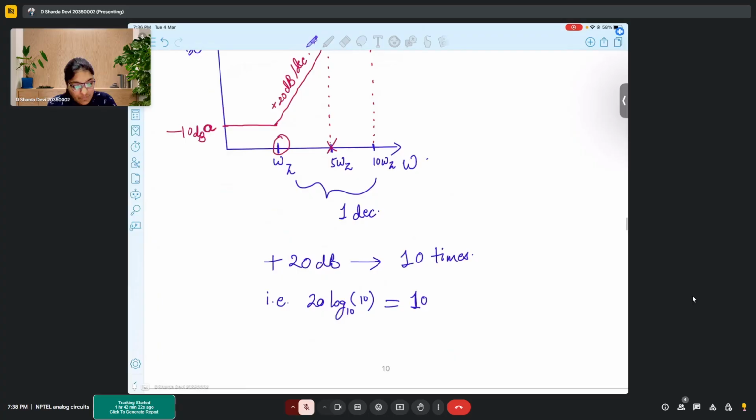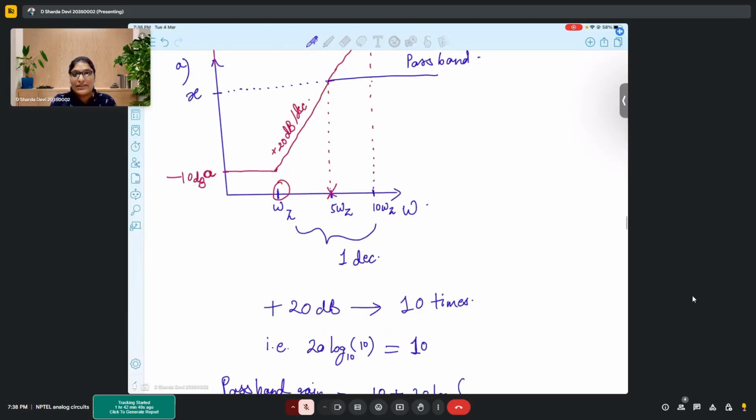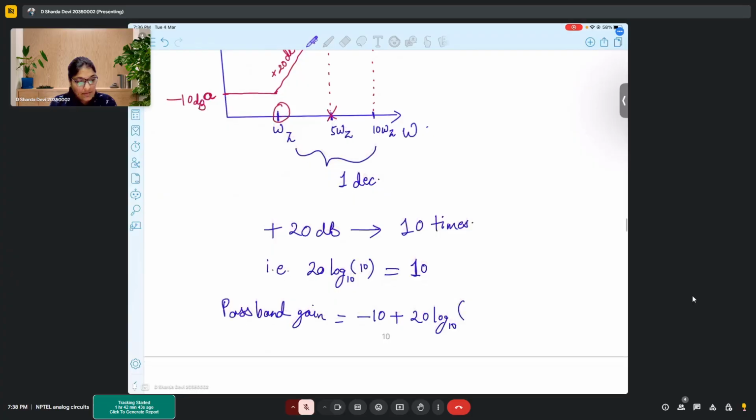Now if I want to find the passband gain, from minus 10 we will increase the gain by 20 log base 10 of the factor at which we have to calculate it. At 5 times. So this 10 times is this. Because we are calculating it at 5 times, it would be 20 log base 10 of 5. How much is this value?